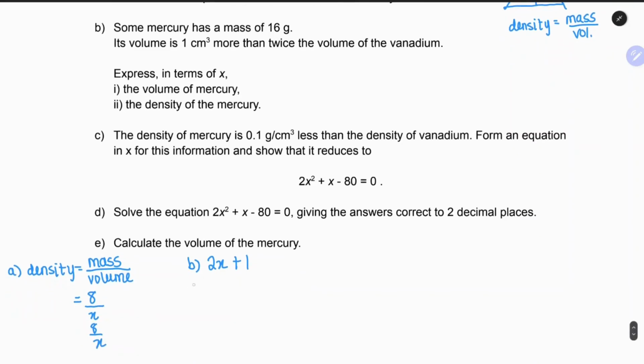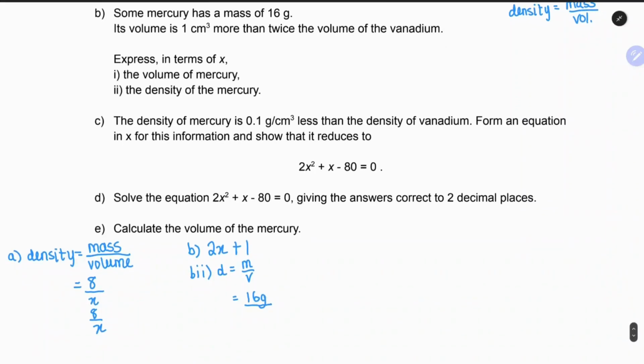So B Roman numeral number 2 would now be to write down the density. Again, density is equal to mass over volume. This is the density of mercury now. So do we have the mass? Of course we have the mass, which is 16 grams. Do we have the volume? Of course, which is the one we have in the above question.